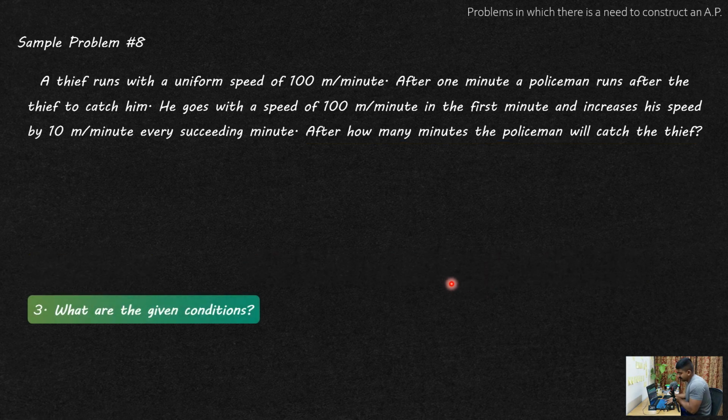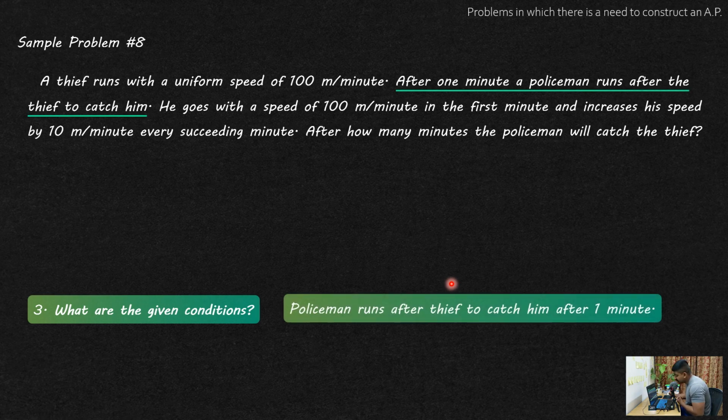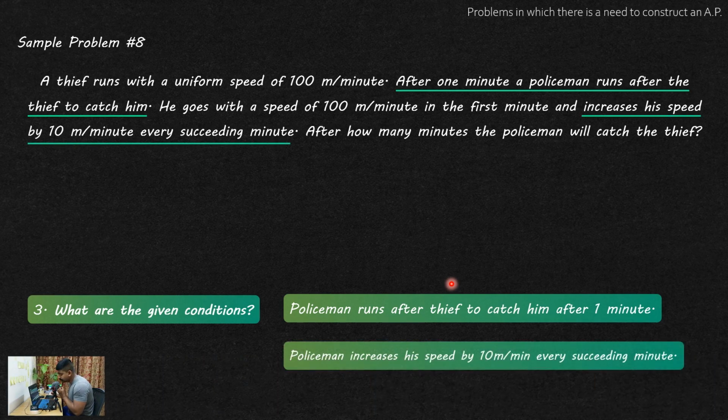What are the given conditions? Policeman runs after the thief to catch him after 1 minute. Policeman increases his speed by 10 meters per minute every succeeding minute. Now see, while answering these three questions, I have just taken the phrases out of the question without interpreting them.